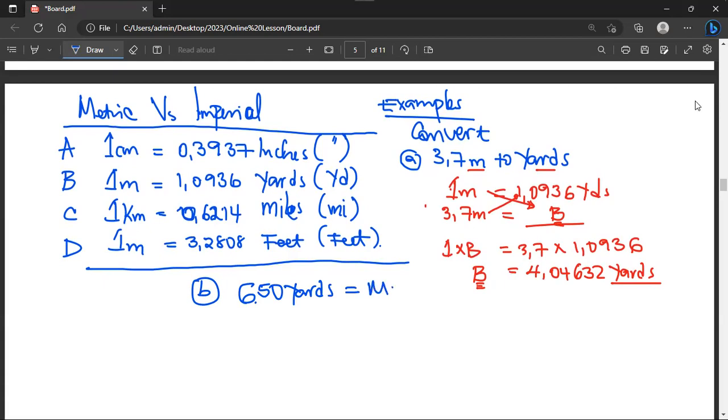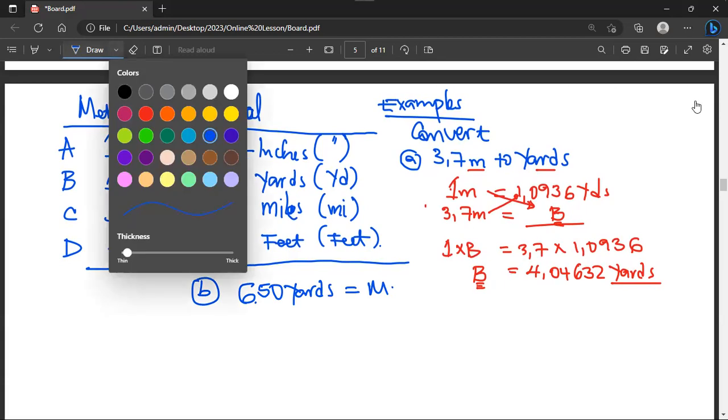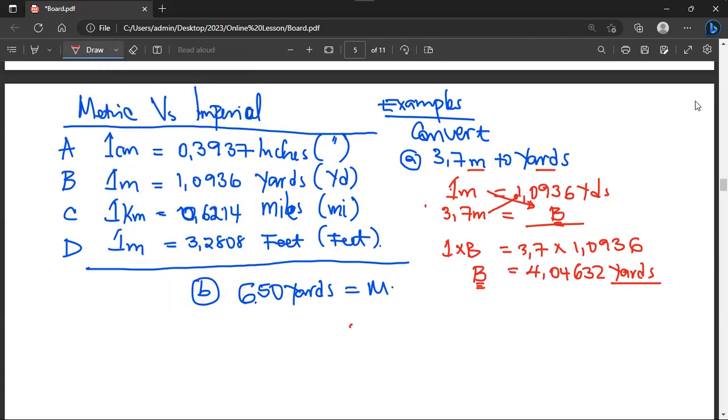Still, we shall use the factor. Remember, how do you pick the factors? You look at what you have and what you want to change to. So here we have meters, here we have yards. Still, you're using B. So this B says if you have 1 meter, you have an equivalence of 1,0936 yards.